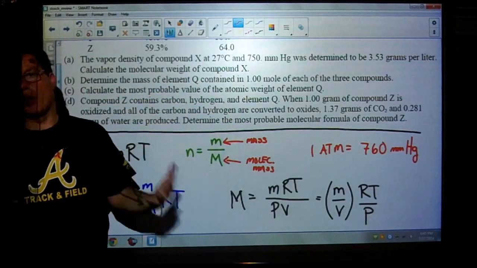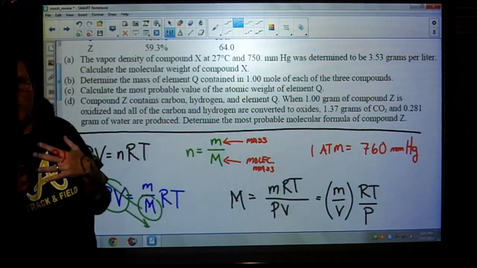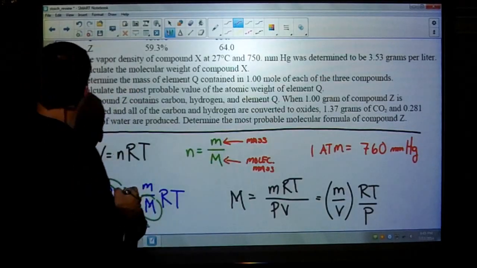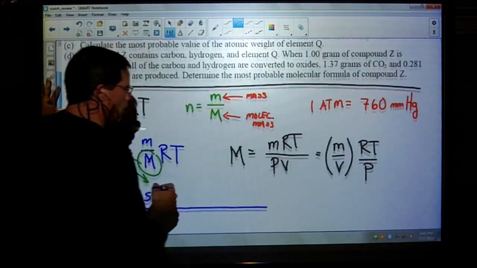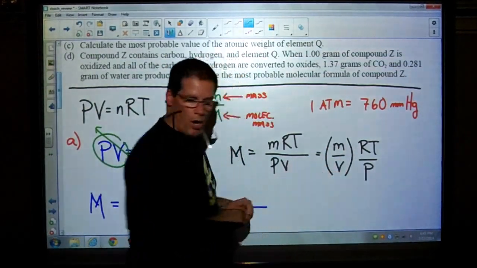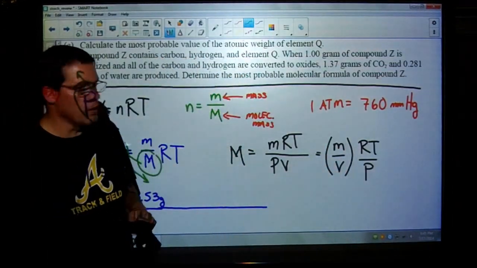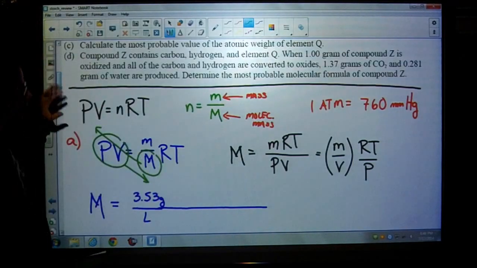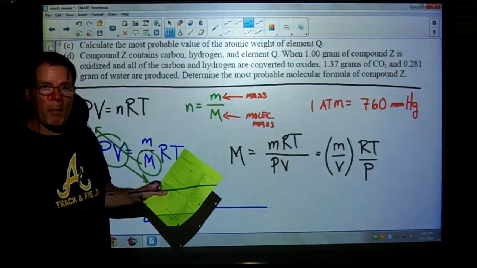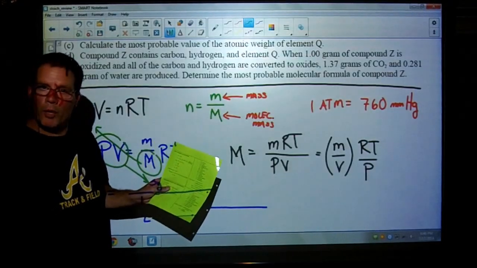So I don't care which way you do it. I actually prefer to use the 0.0821 as my R value, so I'm going to do a sidebar equation. And you don't have to do this. There is an R value on the equation sheet, and let me go get it. You probably have never used it before, but it's okay.